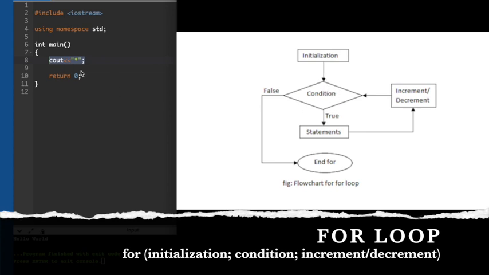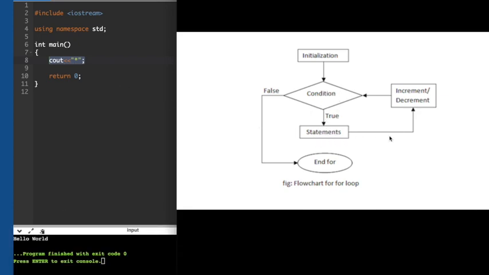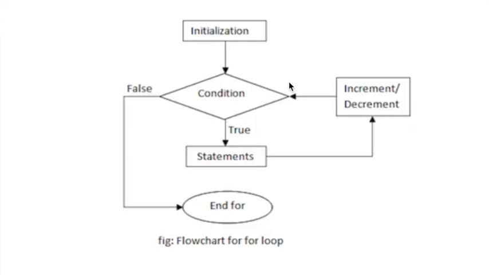For the loop, this statement is equivalent to whatever you want to do as the instructions. For instance, you want to print out this star, so the statement here is cout star, and you want to do this 10 times. So you need to make sure that the condition will be true for 10 times. It is similar to the condition in if else.